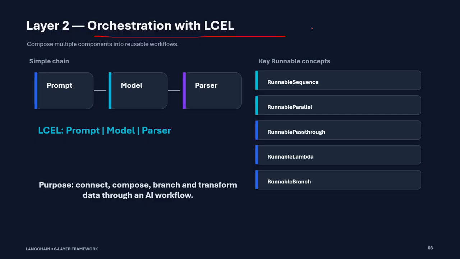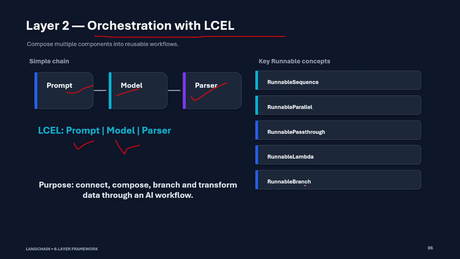In LCL, everything is runnable. My prompt is a runnable, my model is a runnable, my parser is a runnable. Whatever things we write inside LCL concepts, everything is runnable. And in LCL, there are multiple runnables.